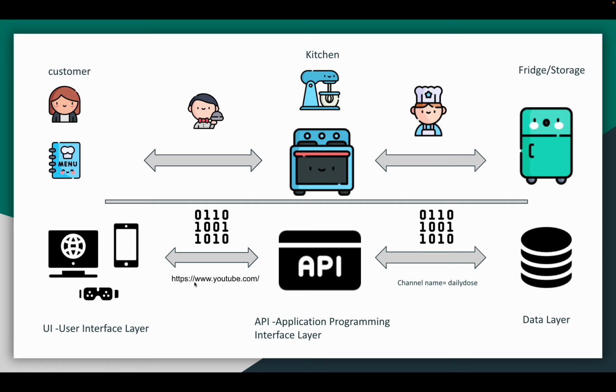The customer arriving at a restaurant and reading the menu can be correlated with the screens on our systems today, or mobile, where we log into a website or use an app. Whatever we see on the screen is called the user interface layer, as the user is interfacing with that particular screen or those components.